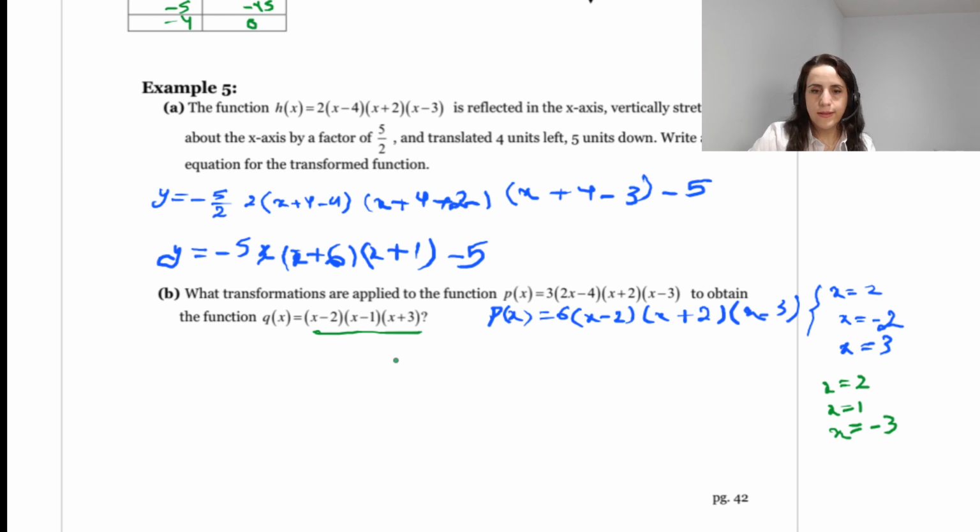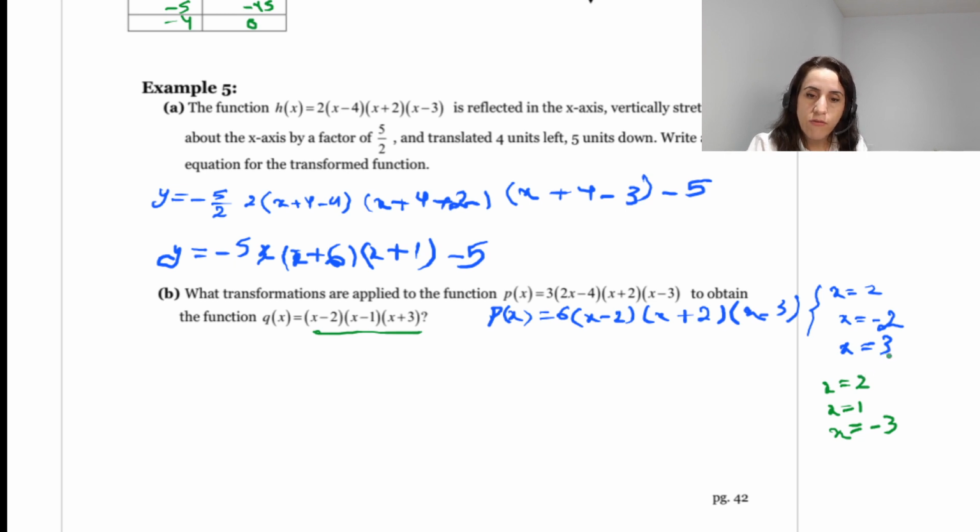Okay, let's see if I can find out the transformation between these two. The highest x-intercept is 2 here, 3 here, but here is 2.